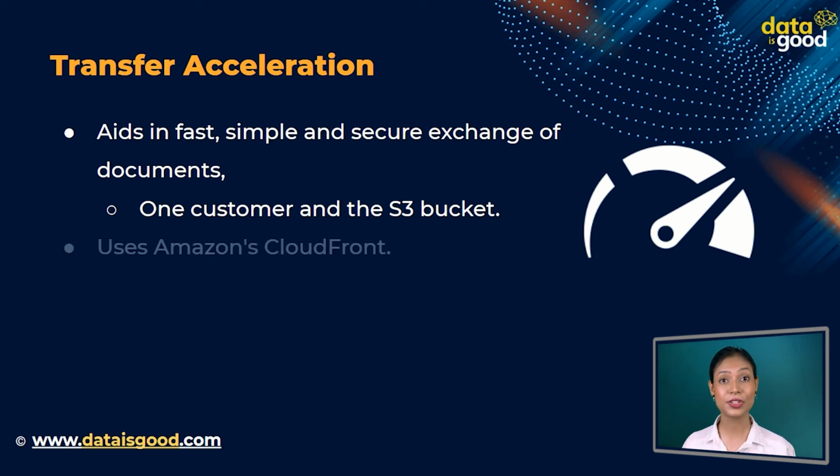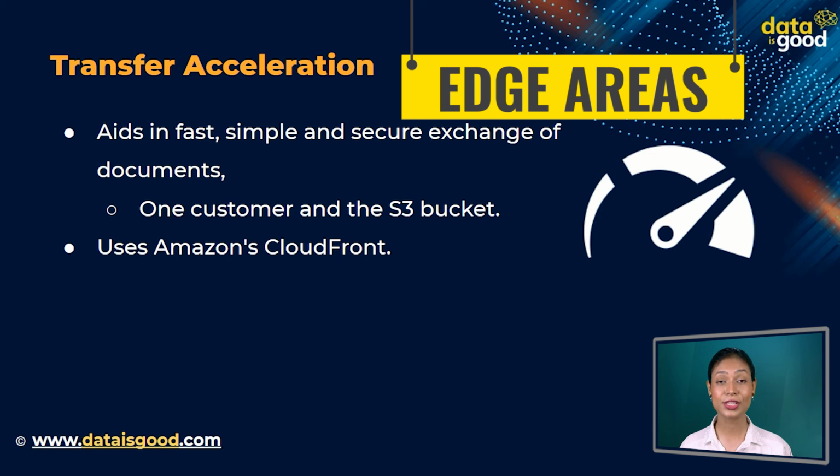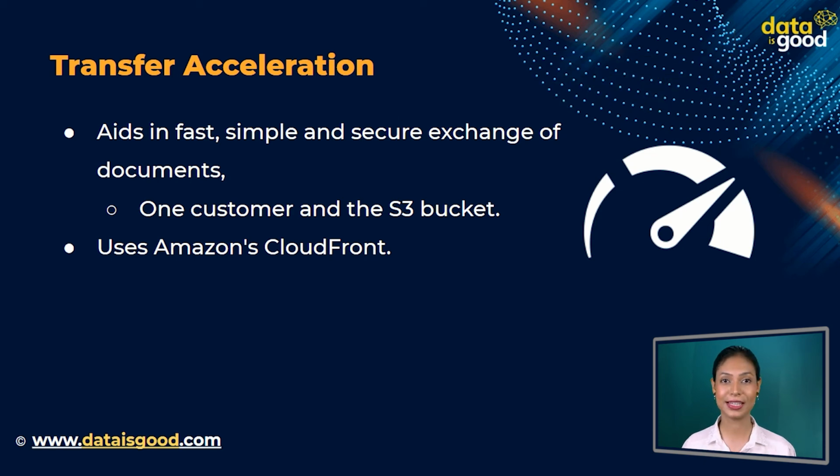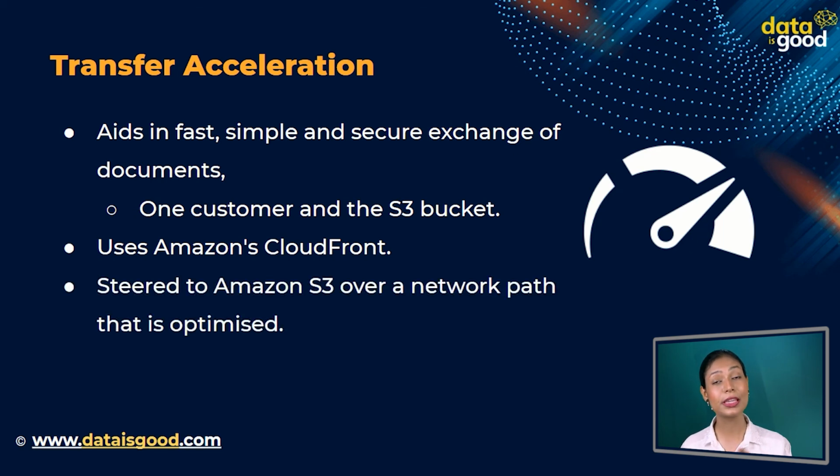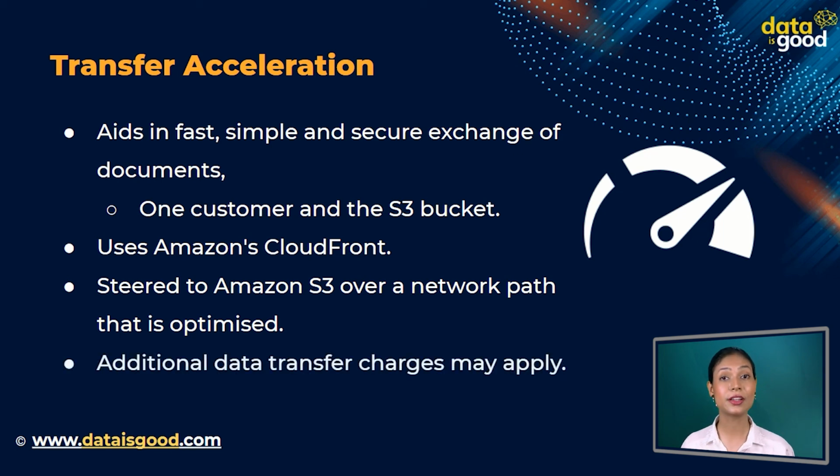Transfer acceleration uses Amazon CloudFront's globally distributed edge locations to move files rapidly. When data arrives at an edge location, it is routed to Amazon S3 over a network path that is optimized. Additional data transfer charges may apply if we use transfer acceleration.